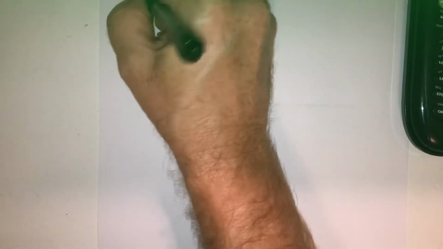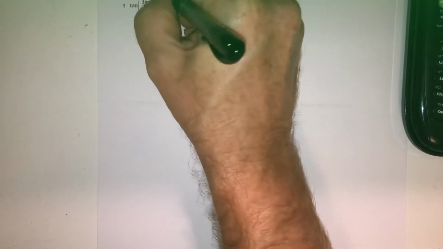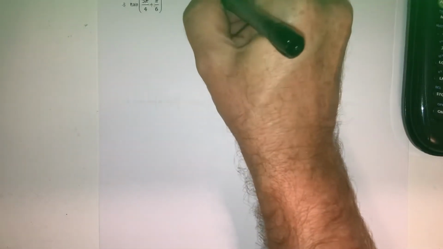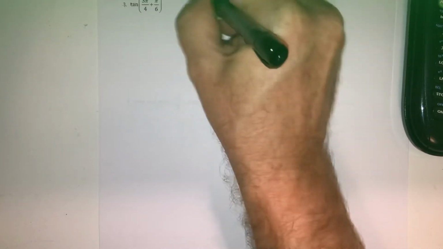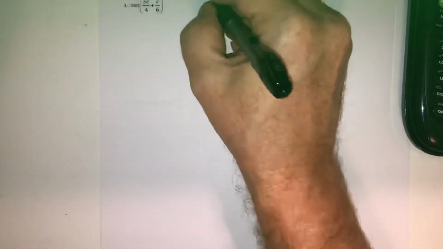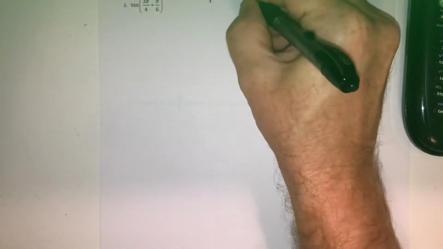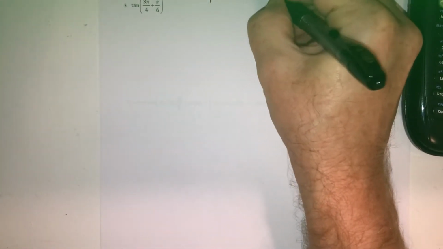I'm going to write this identity up here on the top. That's the one we're going to use to evaluate this, and we would probably be able to do this without our calculator at all, and then check it with our calculator.